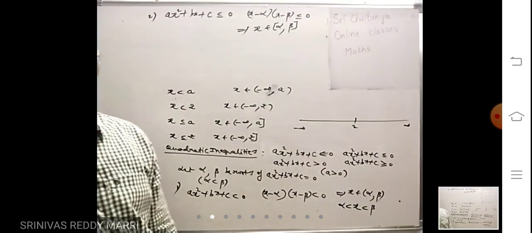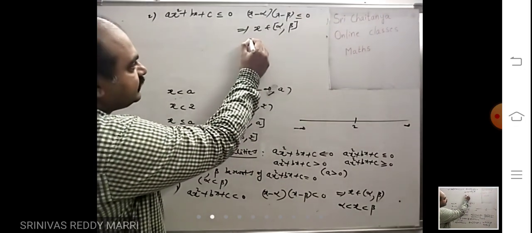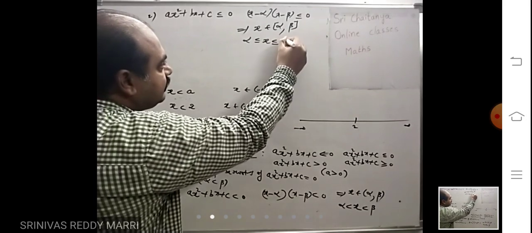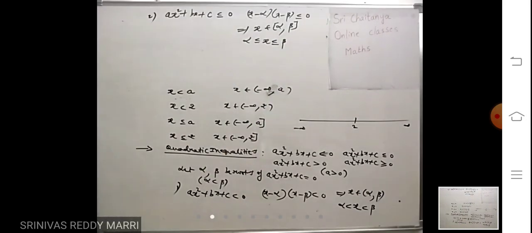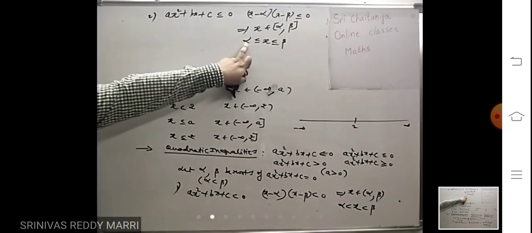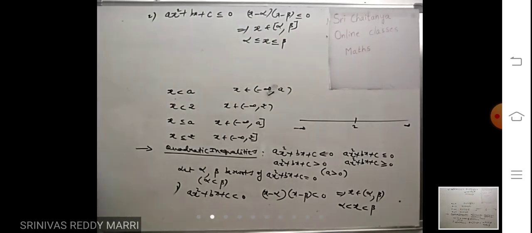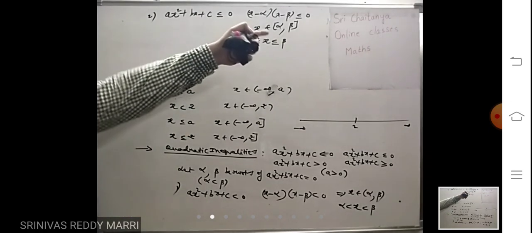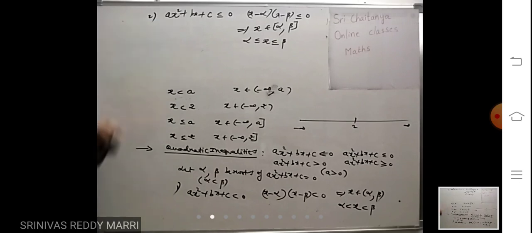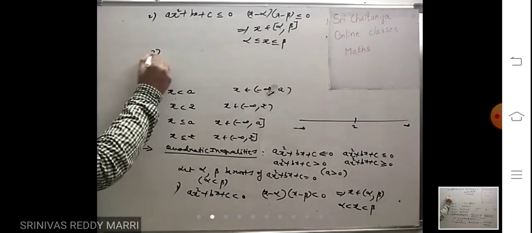This means alpha less than or equal to x less than or equal to beta. X takes the value of alpha and beta also, between alpha and beta, including alpha and beta. So this is the second one, less than or equal to 0. So the third one.